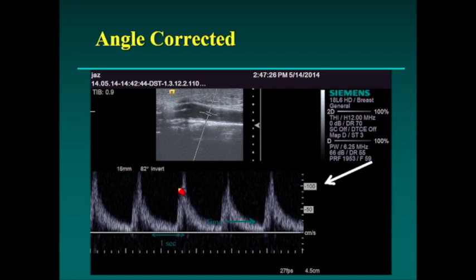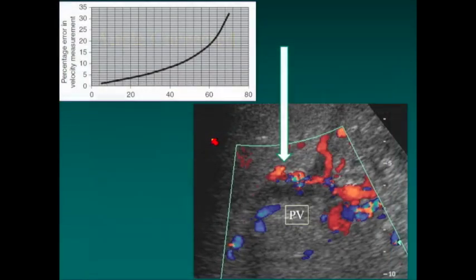You can see why a lot of Doppler experts are militant about the Doppler angle, because if they ever see a study submitted for publication and the Doppler angle is not appropriately adjusted, then basically it's garbage.